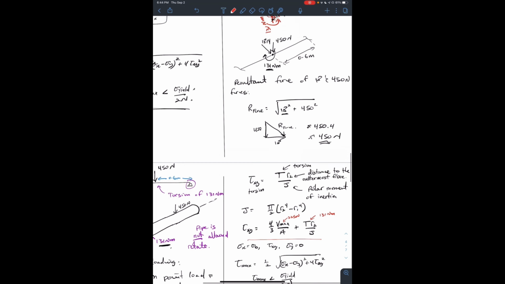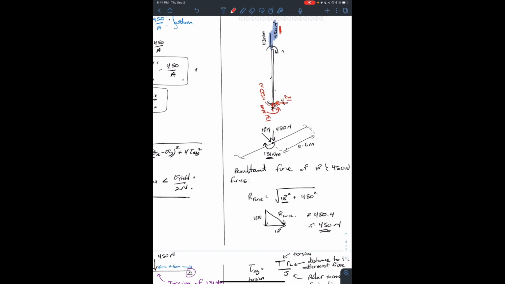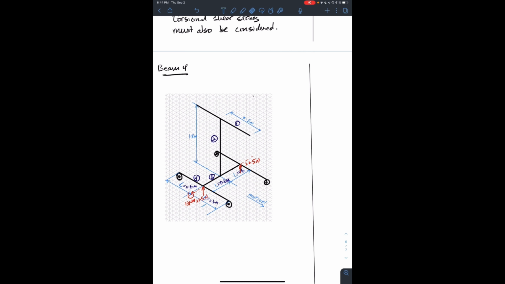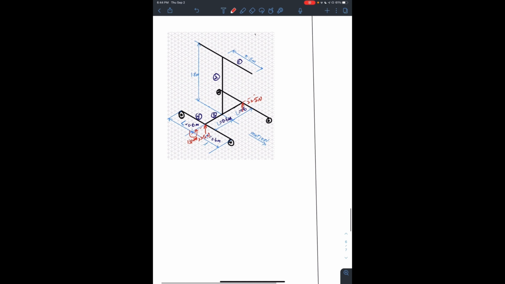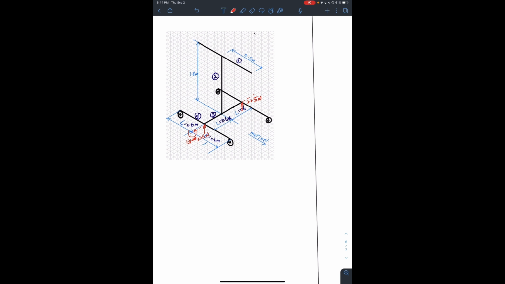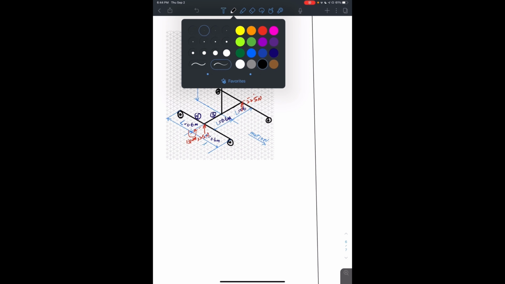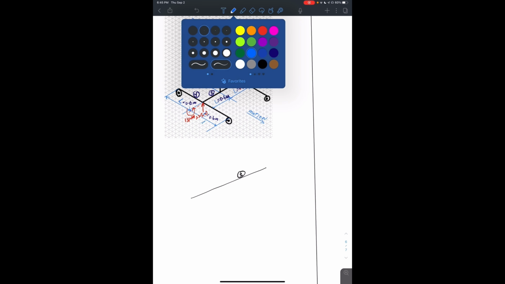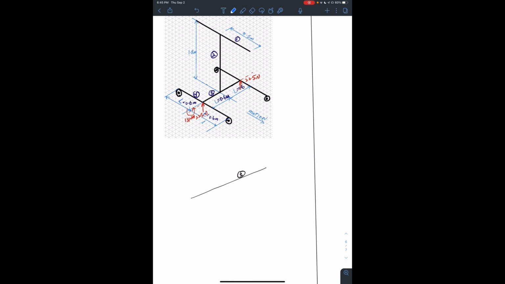Right, so just to recap that here. So this was the reaction torque from beam 3. So we have this expanded. We have beam 3. We have the reaction forces on beam 3, 225, 225.